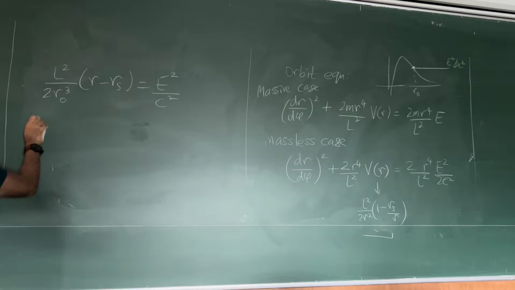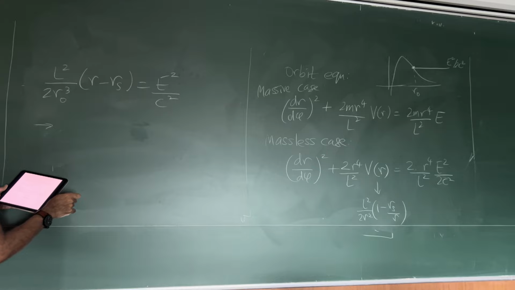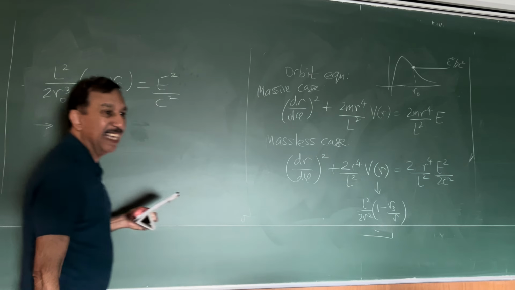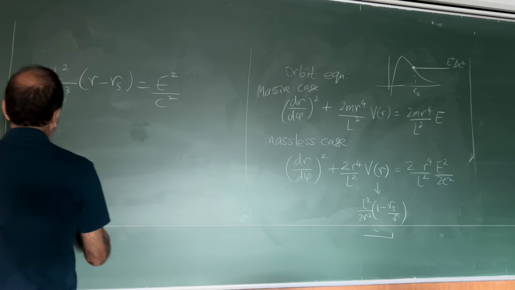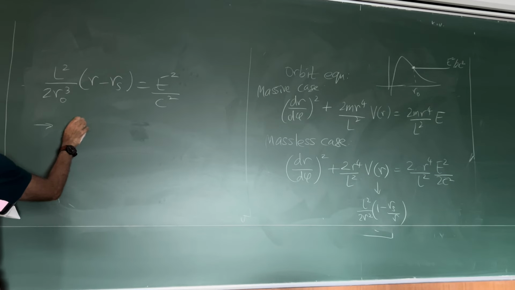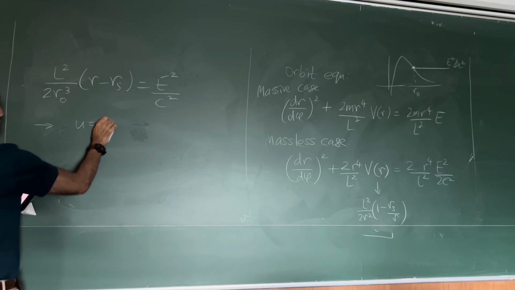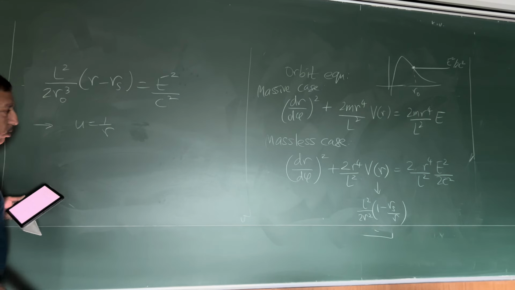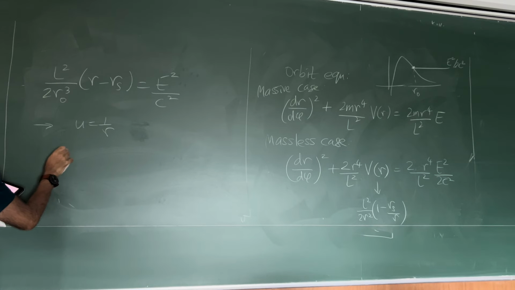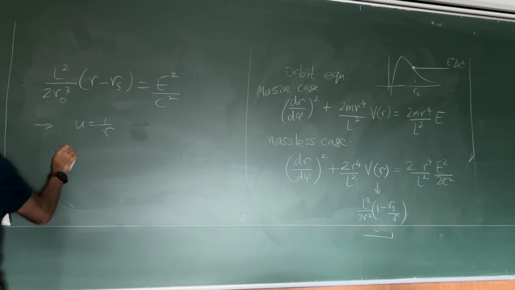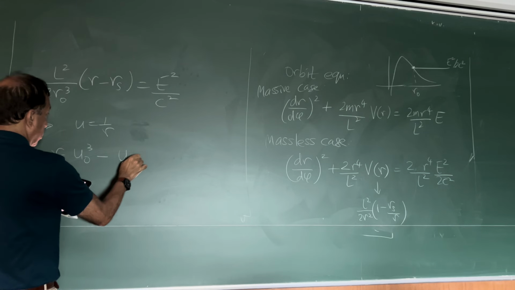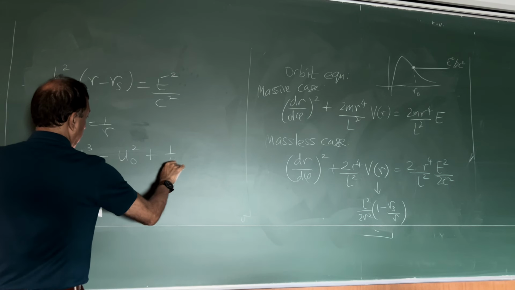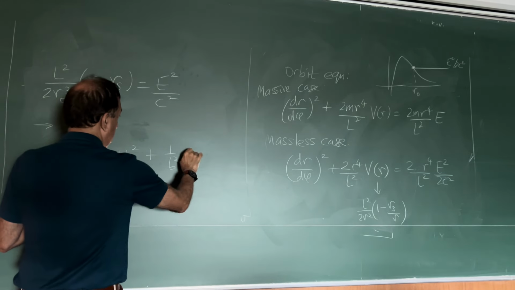Now you know that in the previous case, when we did the massive particle, U equals 1 over R was a useful quantity to define. So we do that again here. And now the equation becomes RS U0 cubed minus U0 squared plus 1 by B squared equals 0.